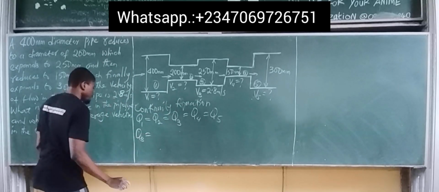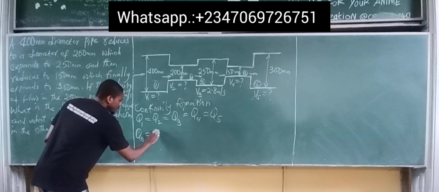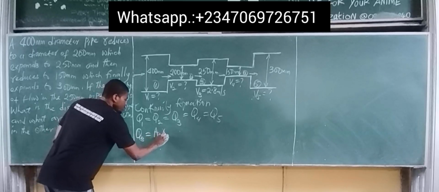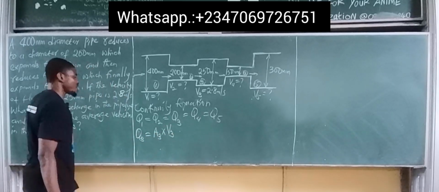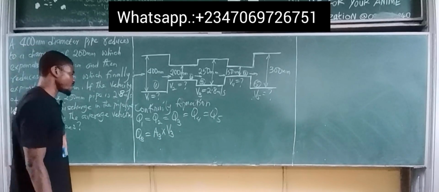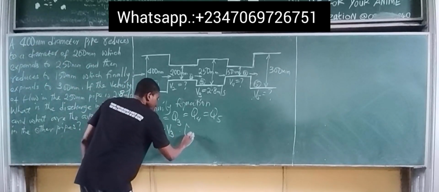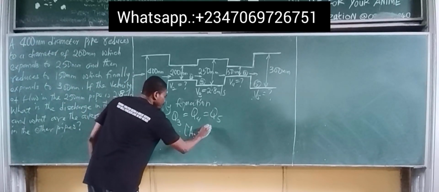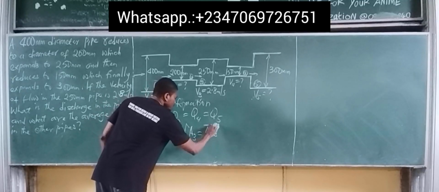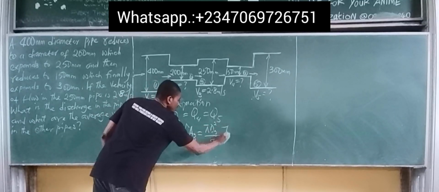Q3, discharge in pipe 3, and that's simply equal to A3 multiplied by V3, which is area of portion 3 multiplied by velocity of that portion. And of course, we know that area of portion 3 is simply pi times diameter of portion 3 all squared over 4.